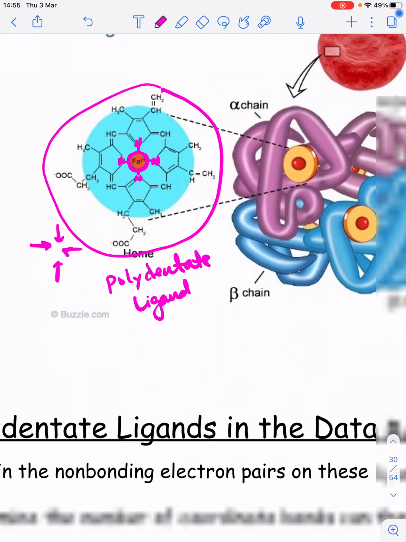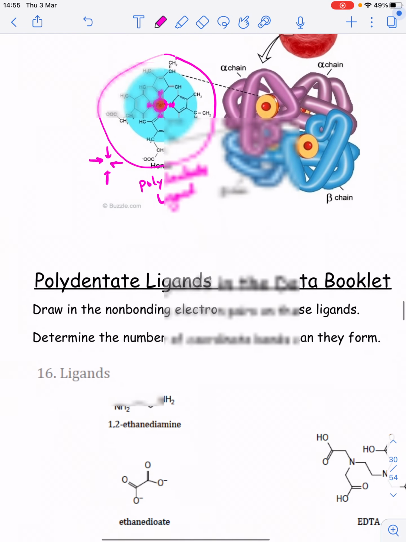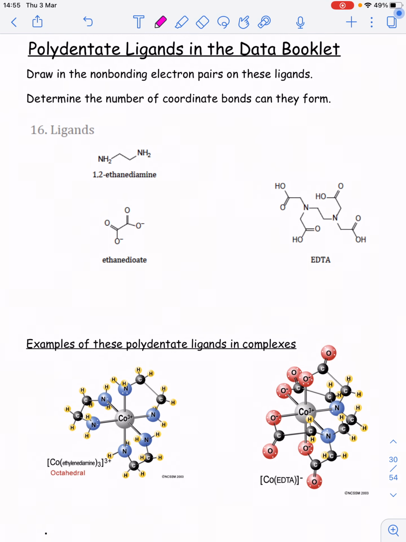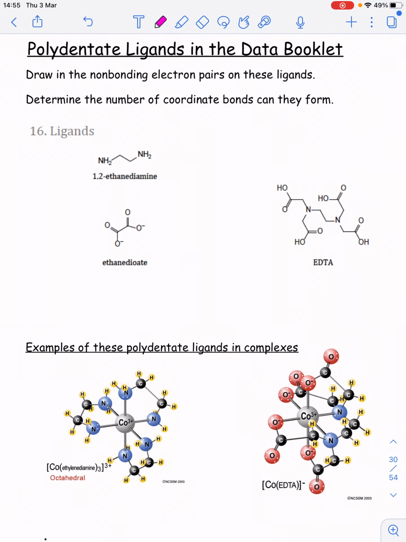Okay, that's a more complicated example than you need to worry about for the core syllabus. The data booklet gives you a couple of molecules that act as polydentate ligands in table 16. I've rarely ever seen this topic asked about. You would just look for how many bonds you think this ligand might form. Well, these ones, you've got the 2 ends, so this one could probably form 2 coordinate covalent bonds.